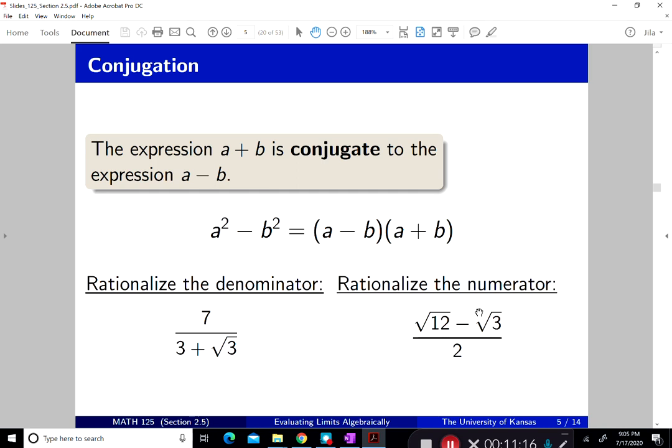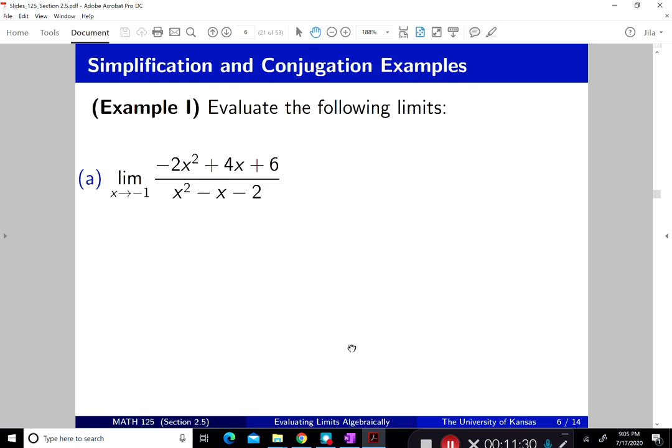I can rationalize the numerator of this one by multiplying the top and bottom by square root of 12 plus square root of 3. So both are possible. Now, let's do some simplification and conjugation examples.